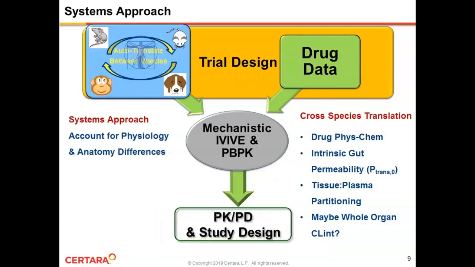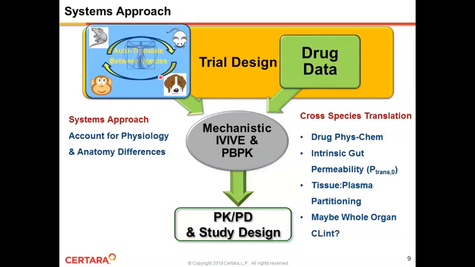But when it comes to species, when you're talking about these species parameters and the systems approach, when you're looking at the animal simulators or animal PBPK models, one of the major applications is basically translating your PK in between species and from animal species to humans.